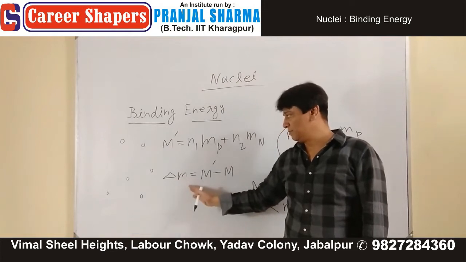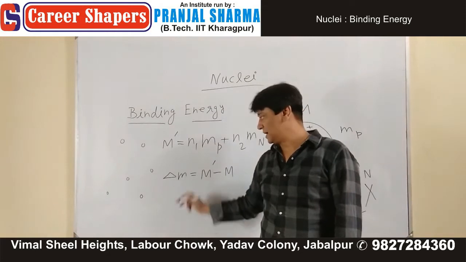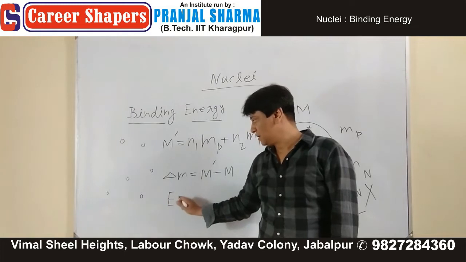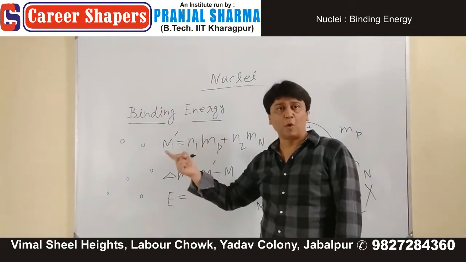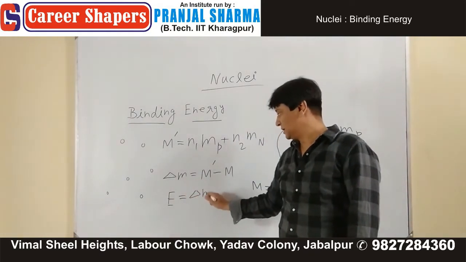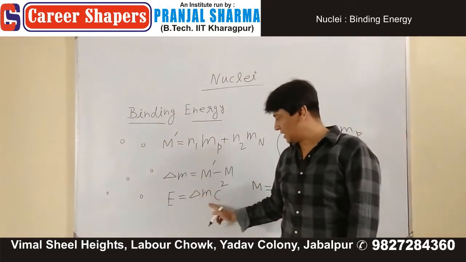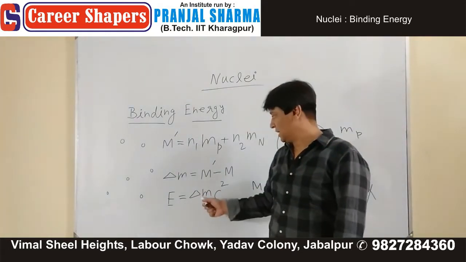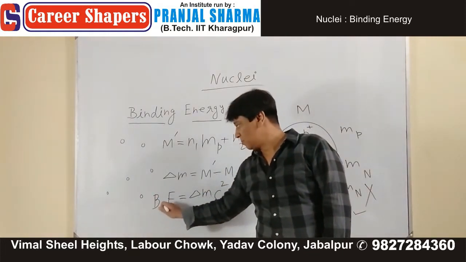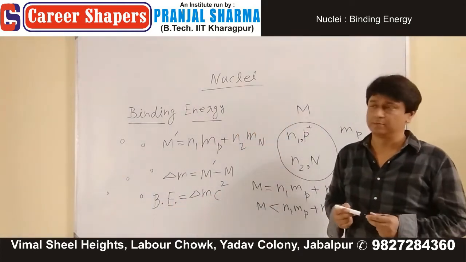This delta M which is M dash minus M, energy corresponding to this delta M is what? The energy which according to Einstein this delta M has is delta M into c square. This delta M c square is called binding energy of the nucleus.